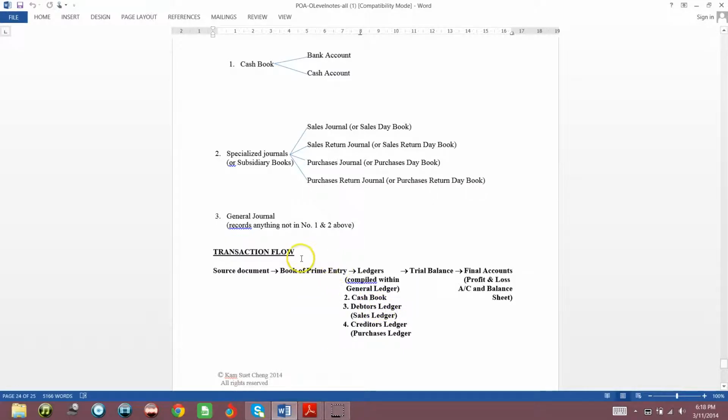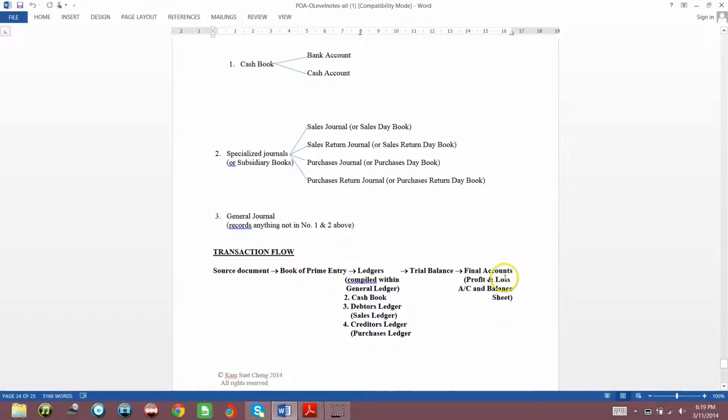So now I ask you, from the book of prime entry, can you easily and conveniently produce your final accounts, your profit and loss account and balance sheet, just from your book of prime entry? Probably you can, because if your business is small, you actually don't need anything else. If your business only has just a few transactions, you can disregard the ledger and the trial balance.